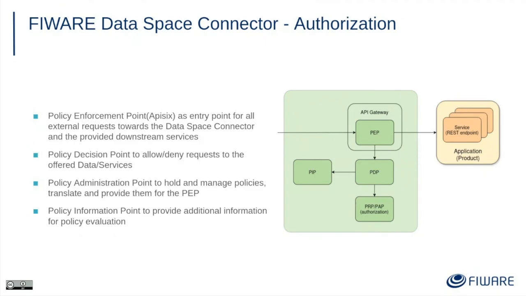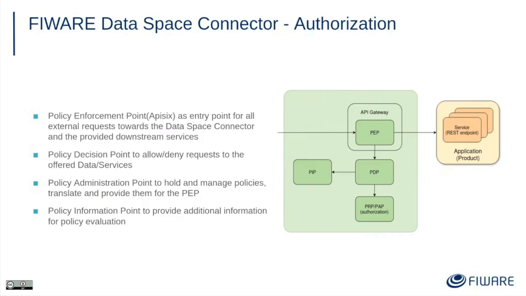The policy information point is essentially an optional service, or let's say a role, that provides additional information for the policy evaluation. So you can imagine policies that only would allow access at a certain time. Then you need a provider of time. This time can be provided by a policy information point.